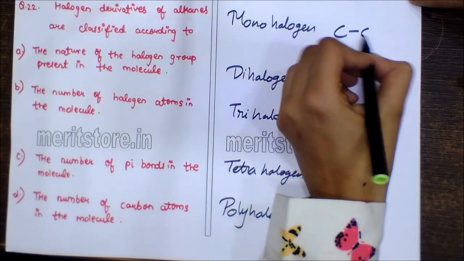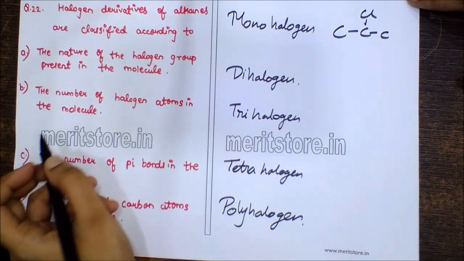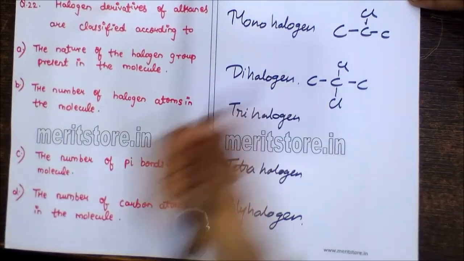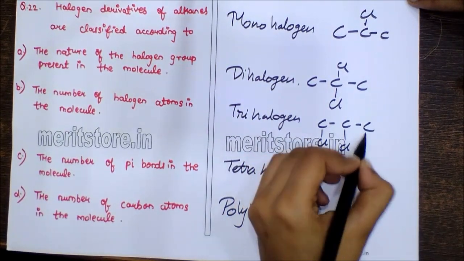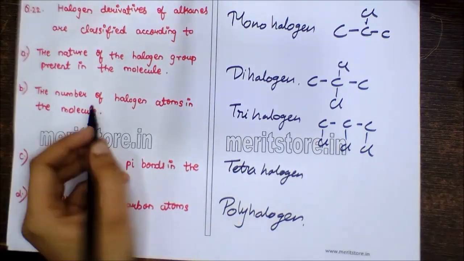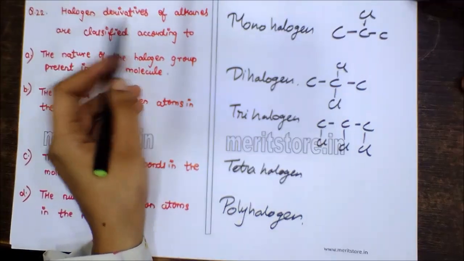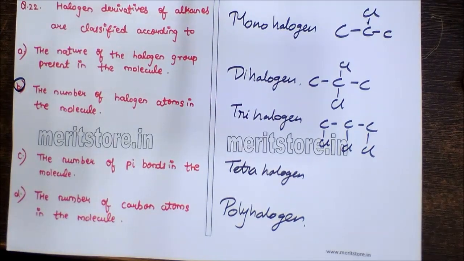Monohalogen means in my entire carbon chain there is only one halogen attached to it. Di means there are two halogens attached to it. Tri means there are a minimum of 3 halogens attached to it. Tetra means 4, and poly means more than 4, or n number of halogens attached to it. So the number of halogens in the molecule matters for halogen derivative classification. Therefore, option B is my correct answer.